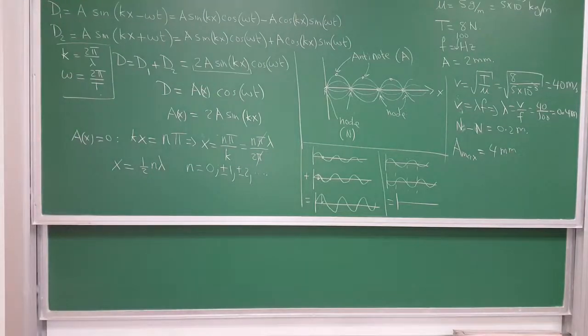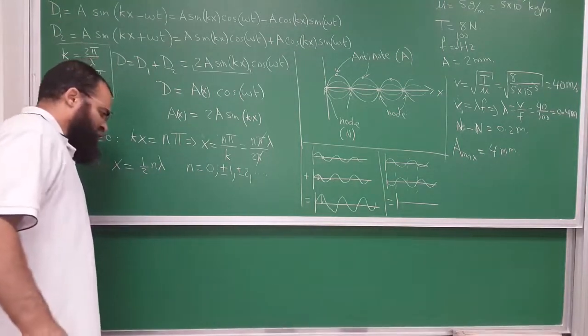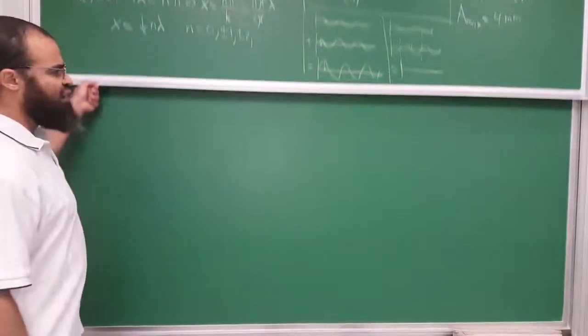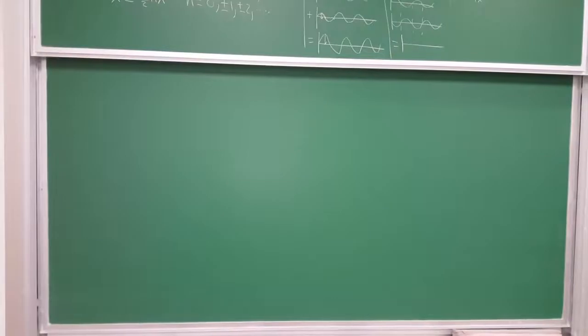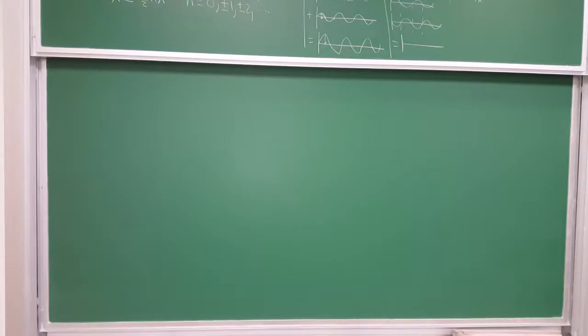All right. So next, I want to talk about standing waves on a string, on a particular string. So let me just draw for you a string, and our string will have length L, and it will be under tension, and it has a linear density mu. All right, linear density mu.